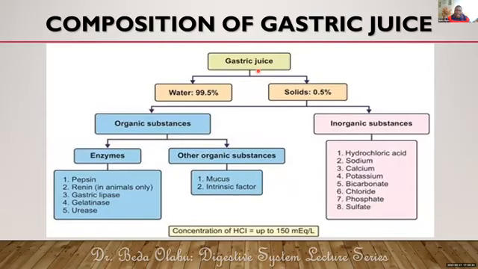This flowchart helps us to capture most of the things that we've mentioned. So the juice contains a lot of water, fine. The solids, we've talked about them. This flowchart divides them into those which are inorganic and those which are organic, and we talked about the organic ones largely.